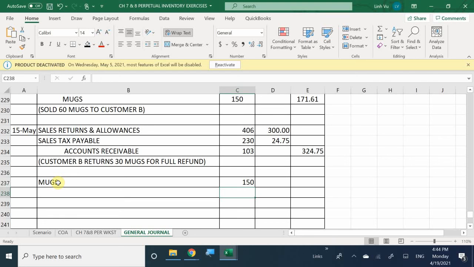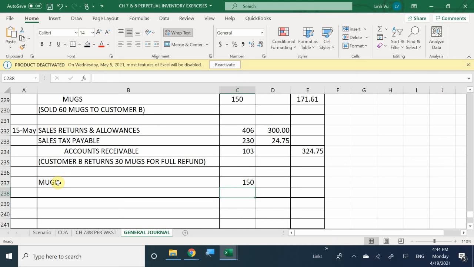So the question is, if we're refunding something that we sold, what account should I reflect here? Sales returns and allowances? We already did that in the very first section. Purchase returns and allowances? This is perpetual inventory.